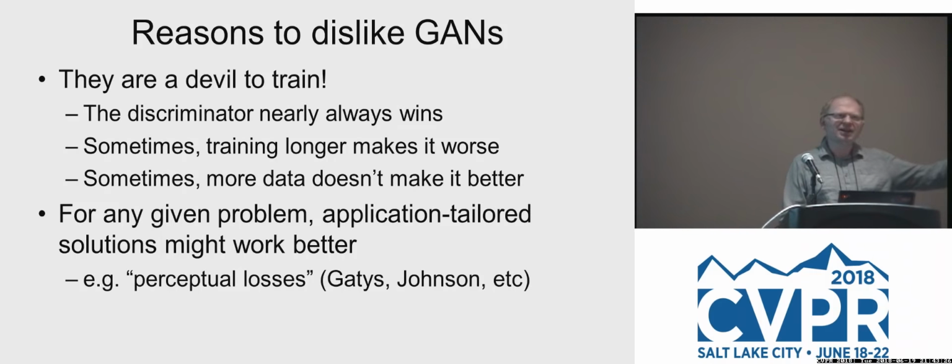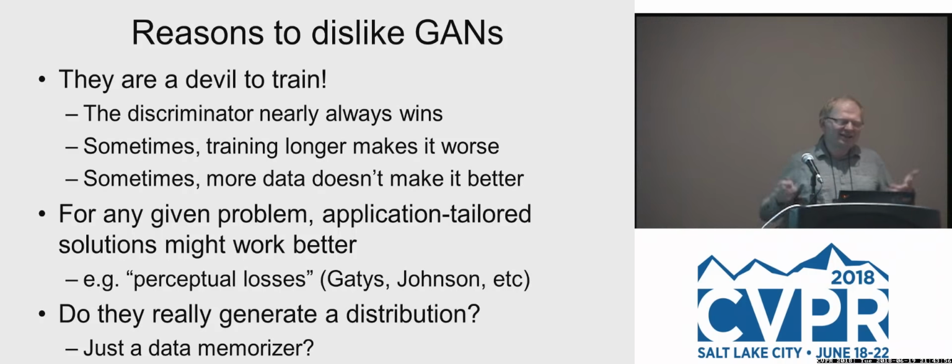For example, for labels to cityscape images, this works surprisingly well. For things where you have more complex multimodal data, it doesn't seem to work as well. But if you know your task, try the simple things first before embarking on the miserable, painful GAN train. Okay.